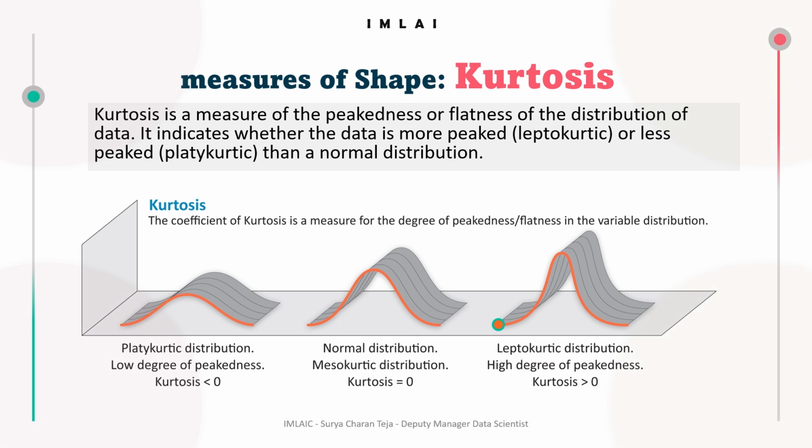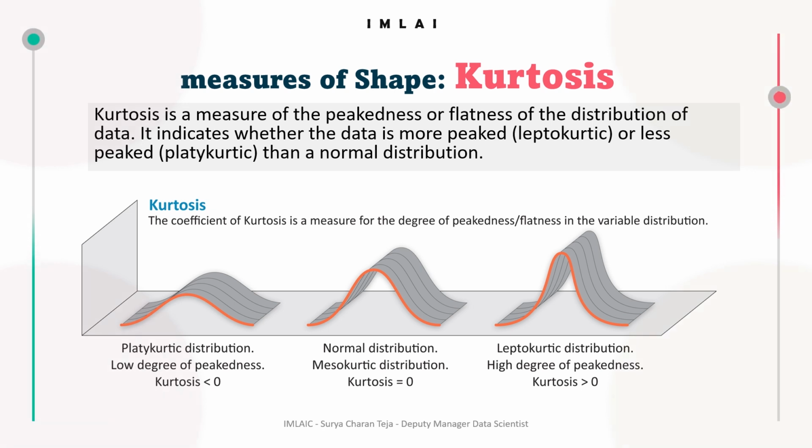It has a high degree of peakedness. That's called a leptokurtic distribution, which has a high degree of peakedness.